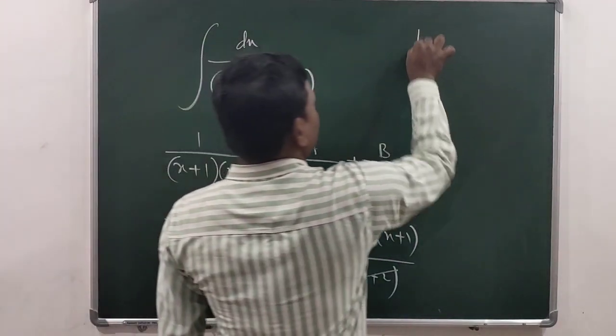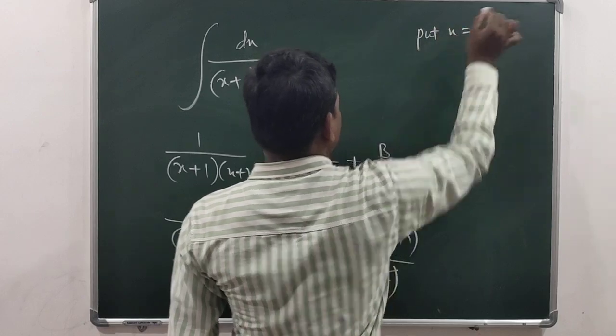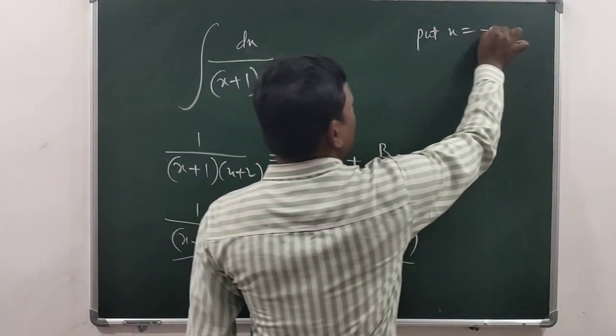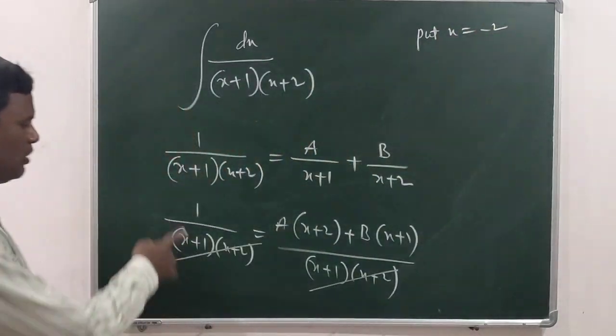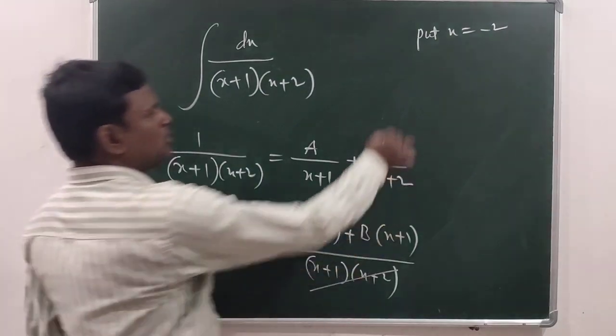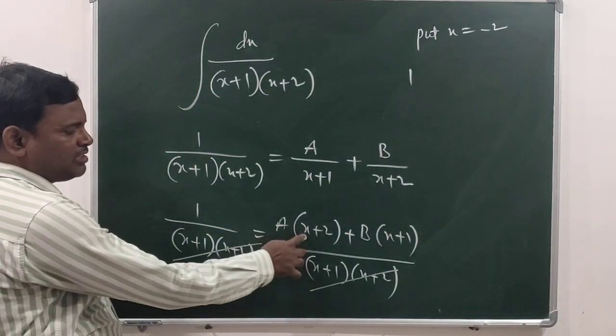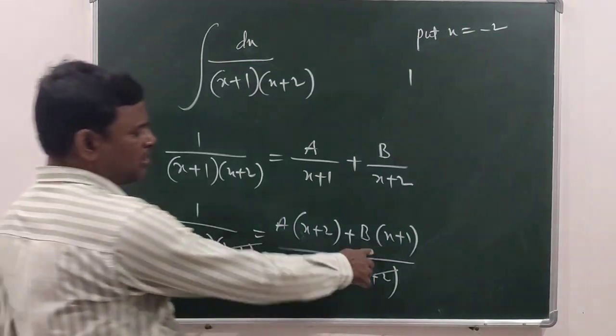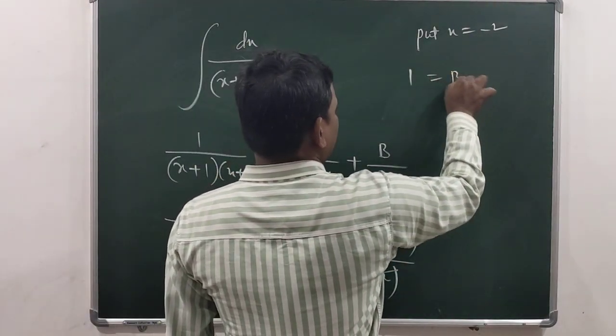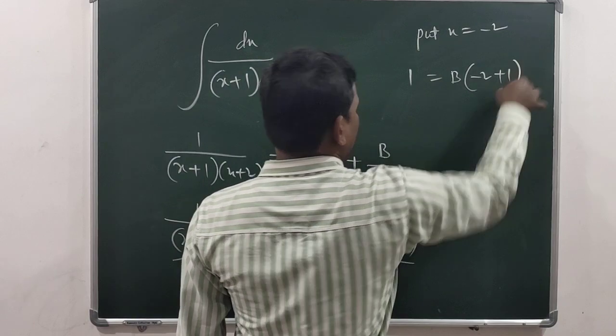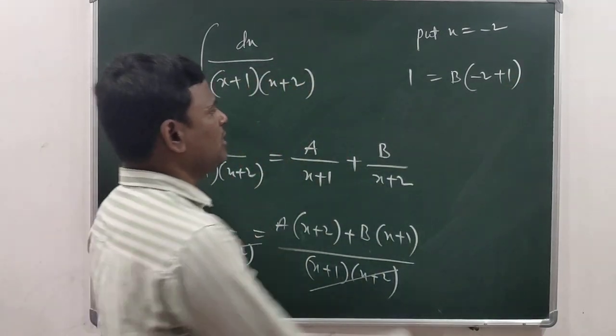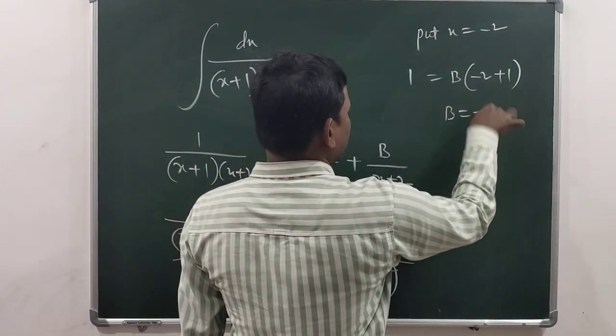To get b value, I would like to write x equal to minus 2. When you put x equal to minus 2, left side there is no x, so write 1 as it is, and here this becomes 0. And what about this? B of minus 2 plus 1, which becomes minus 1. Now your b will be minus 1.